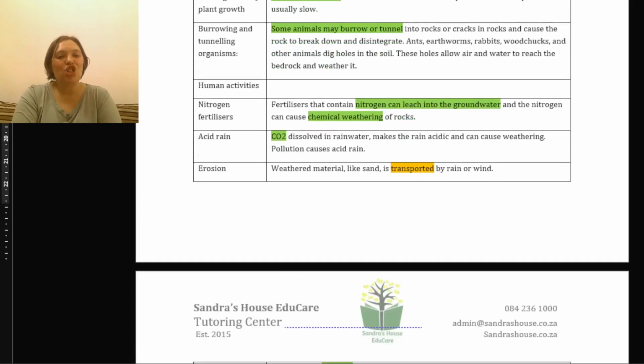The last two things with weathering: I want to tell you how human activities can influence weathering. The two big ones we've got are nitrogen fertilizers. We've got a lot of fertilizers that have nitrogen in them because plants need nitrogen to grow.